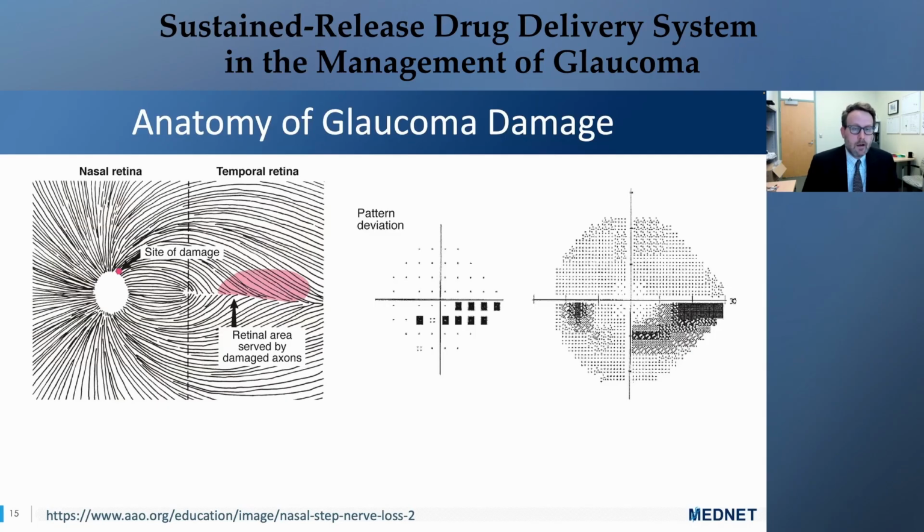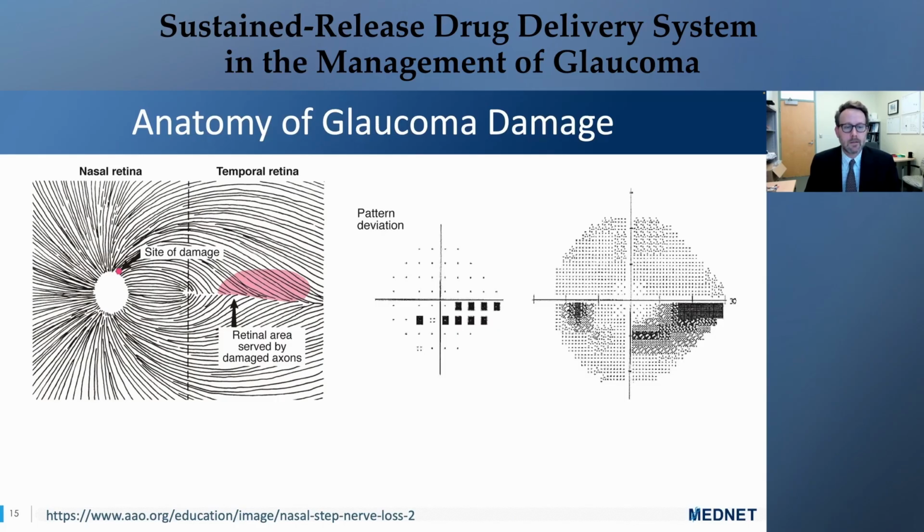So all of this matching of structure and function comes from a basic anatomy of glaucoma damage and the site of damage where the initial insults occur in glaucoma. In glaucoma, the initial site of damage is thought to be the optic nerve head, and that is damage to the retinal ganglion cell axons, which can be traced back to a specific site in the retina.